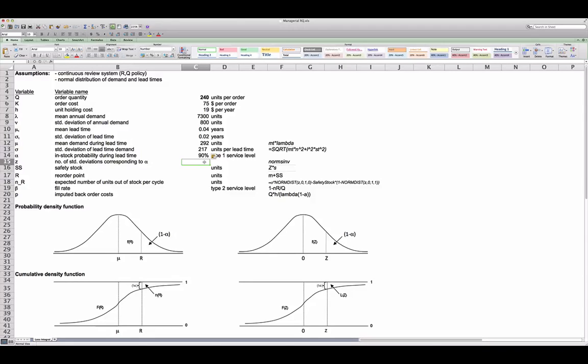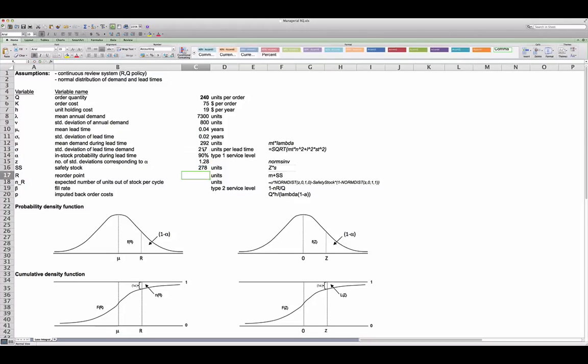And again, notice we have this managerially determined service level target of 90%, which I can then translate to a value of z, a standard normal variate, using the NORM.S.INV function. So I get a value of z of 1.28, and I can use that to define my safety stock requirement, which of course is simply z times sigma, in this case 278 units.